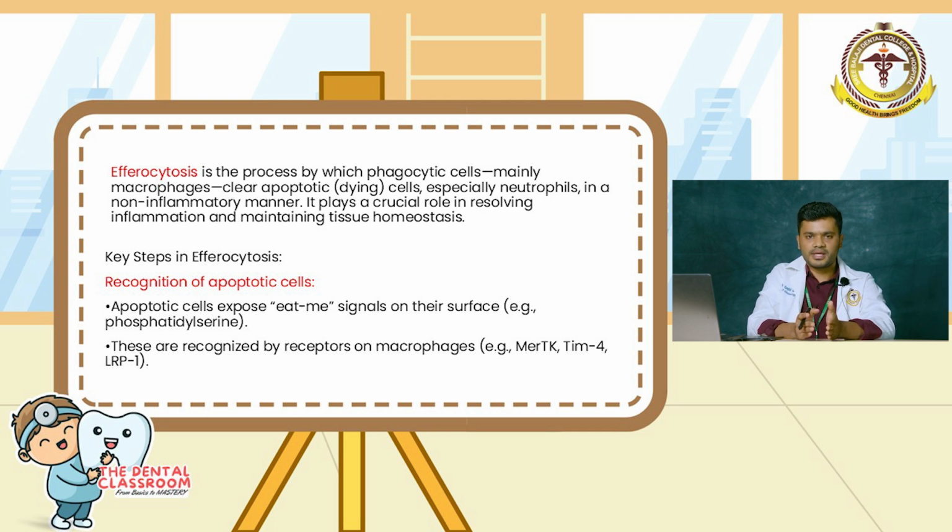The membrane of the apoptotic neutrophil is covered by phosphatidylserine. This serine helps the macrophage to engulf the apoptotic neutrophil. This process is called efferocytosis. What is efferocytosis? If anyone asks, you have to know that the engulfing of the apoptotic neutrophil by the macrophage is called efferocytosis.